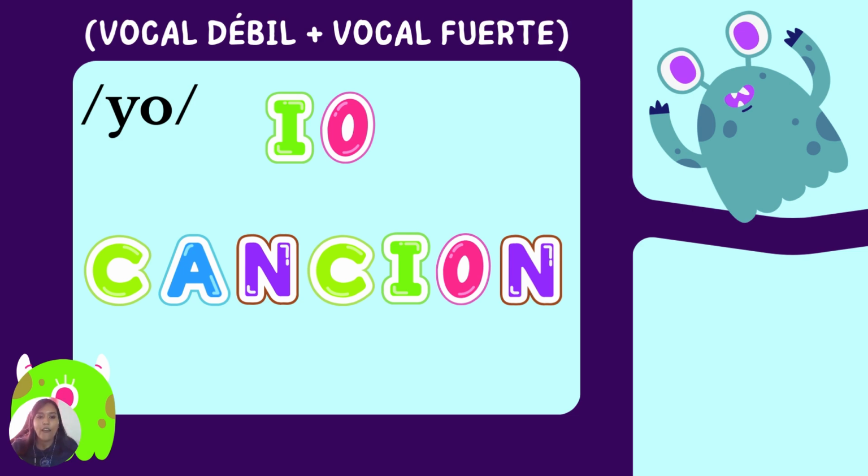Okay, so we have I más O. The pronunciation, when these are together, we're gonna say yo, yo. Okay, so we identify first the diphthong, and we know that we have it before the N, right?